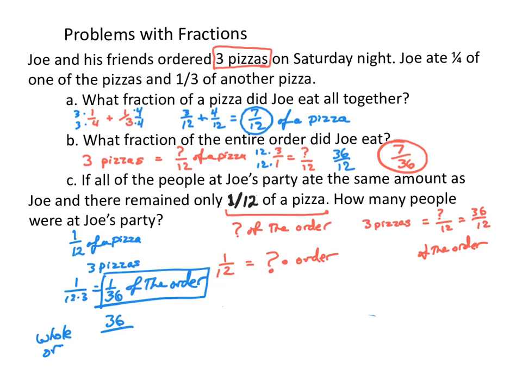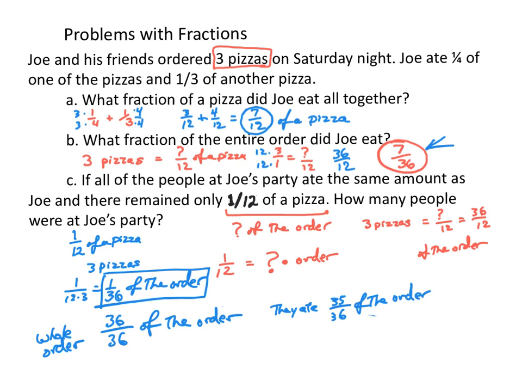The whole order is 36. 1/36 was left. That means they ate 35 out of 36 of the order. And if you remember from earlier, Joe ate 7/36 of the order.